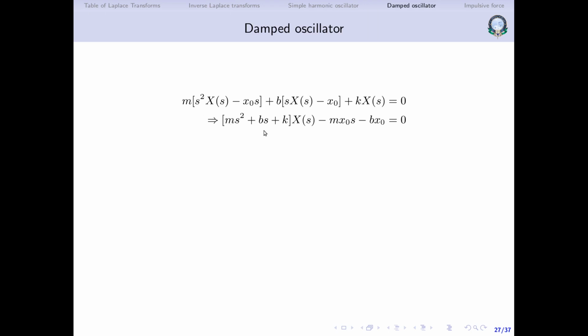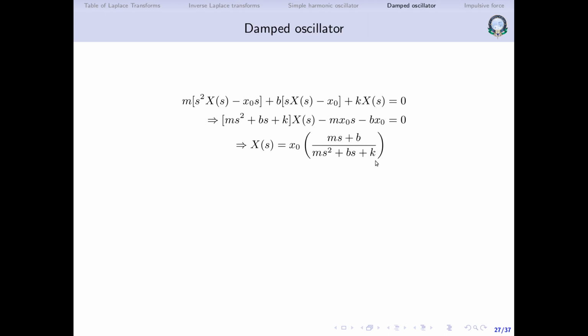So we have m s squared plus b s plus k, times capital X of s, minus m x naught times s, minus b times x naught. These are the last two remaining terms. From here we take them to this side. So we can write capital X of s is equal to x naught times (m s plus b) divided by (m s squared plus b s plus k).